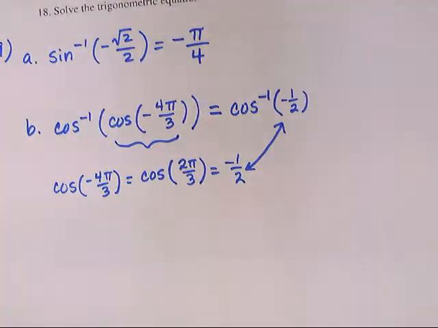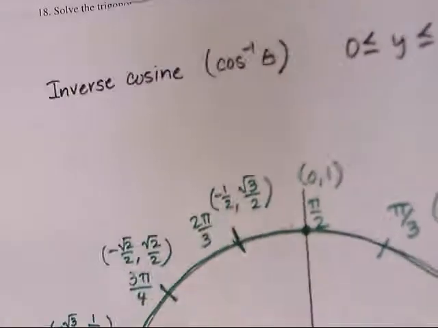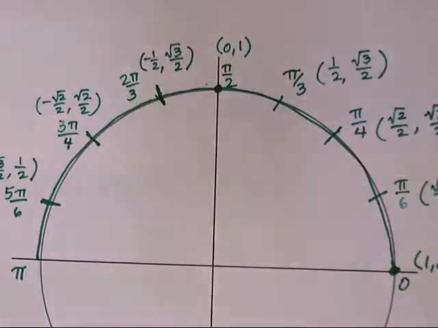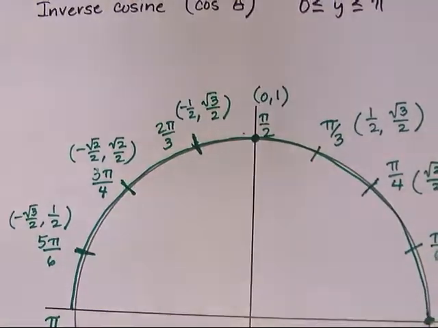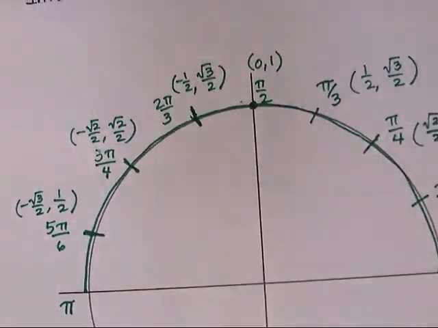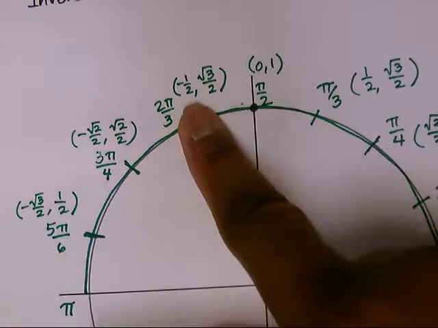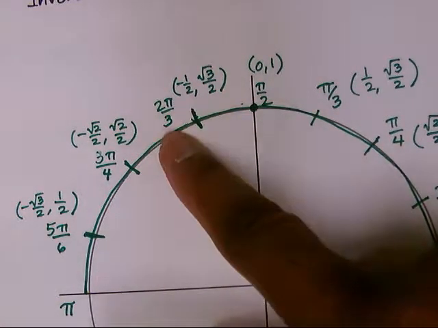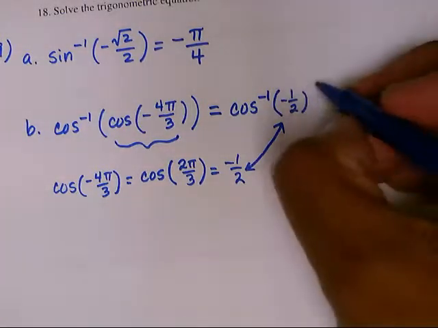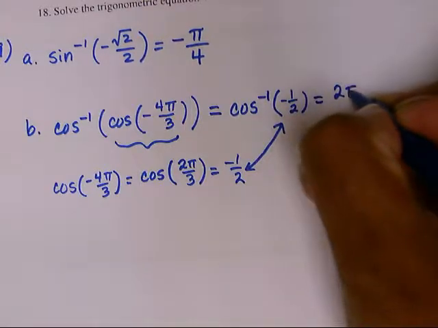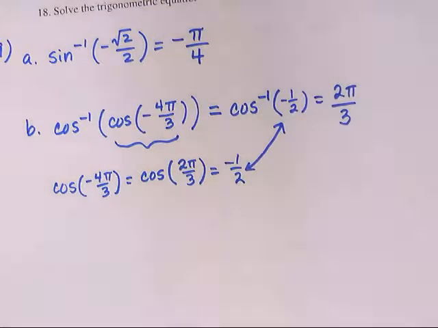That's from 0 to pi, that's for the inverse cosine. So now we need to find negative 1/2. The angle associated to that would be 2 pi over 3. So the inverse cosine of negative 1/2 would be 2 pi thirds.